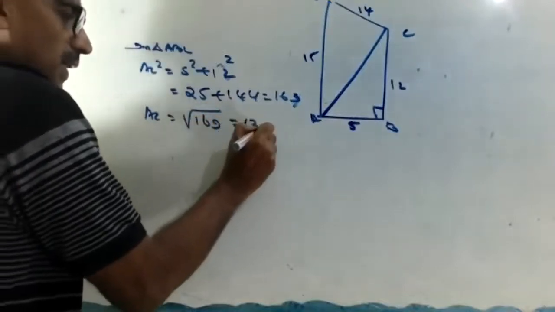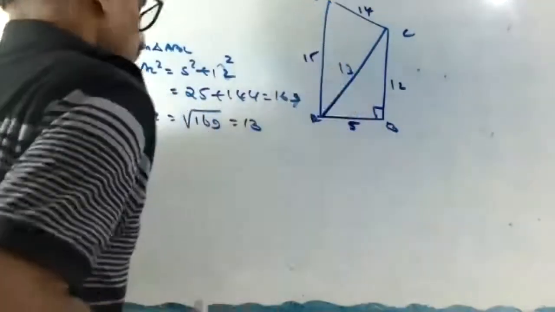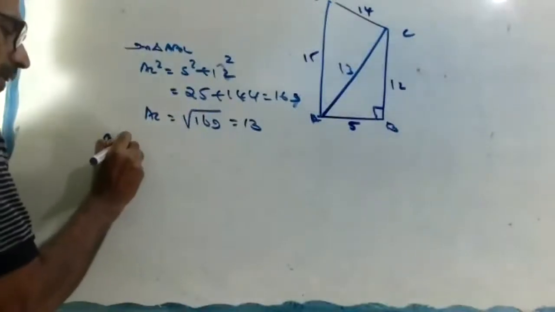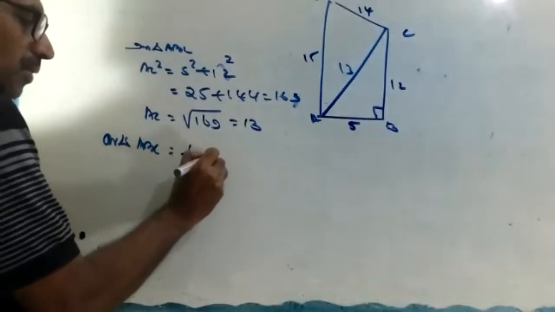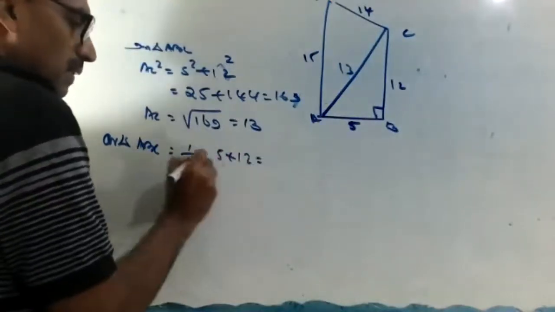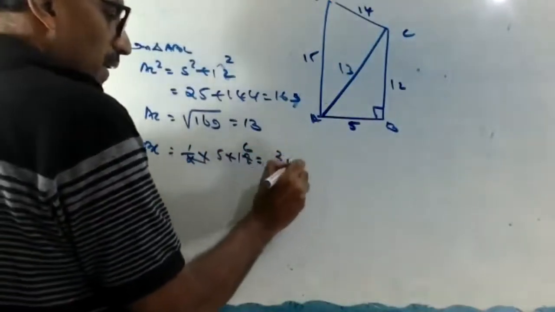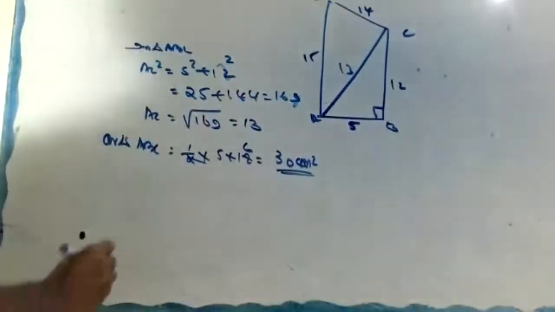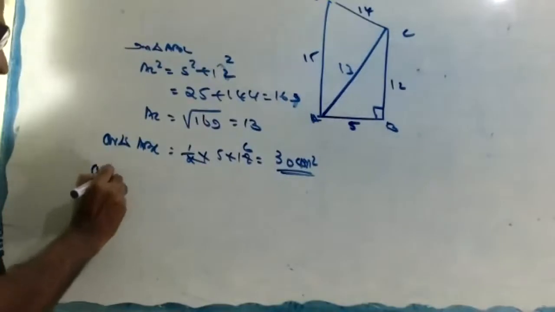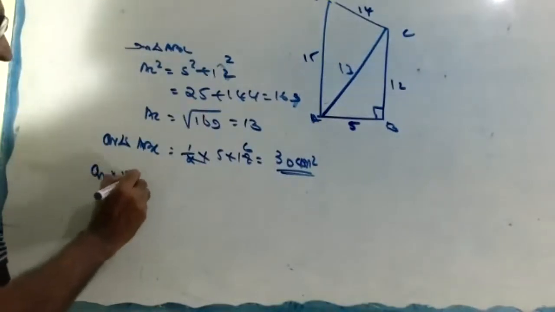That is equal to 13. Now we got this 13. Then area of triangle ABC, half into 5 into 12, that is 30 meter square.